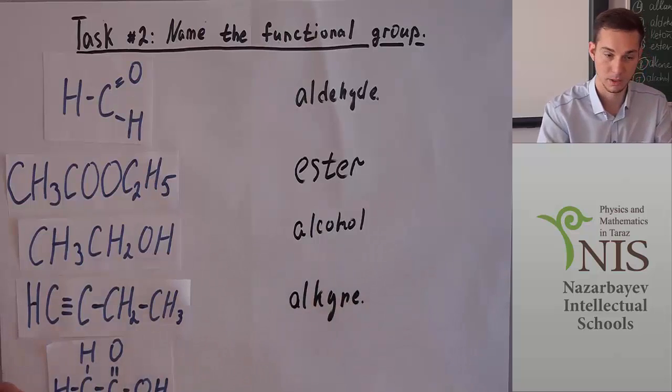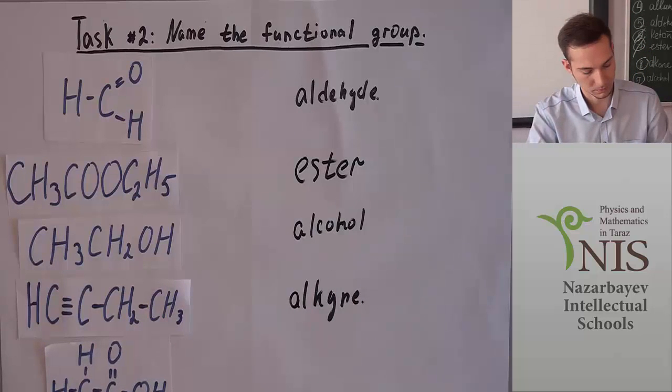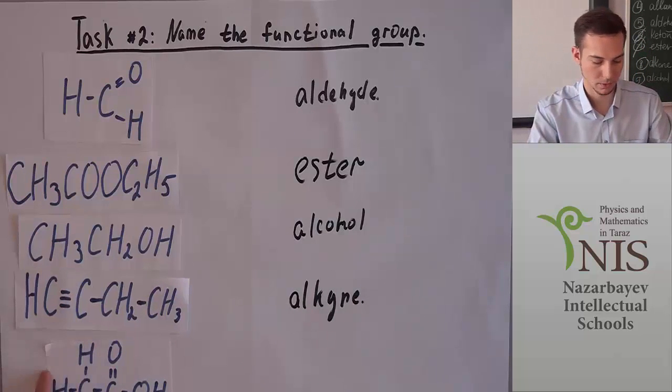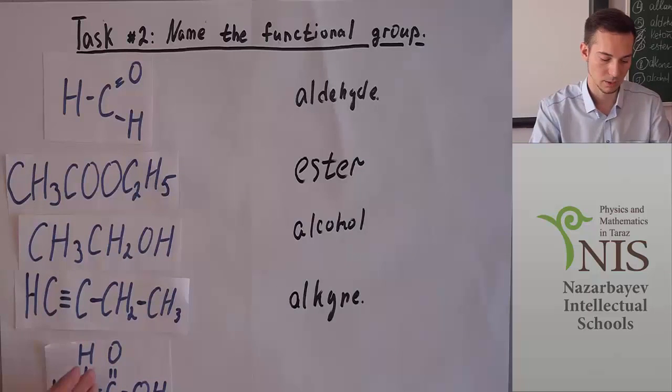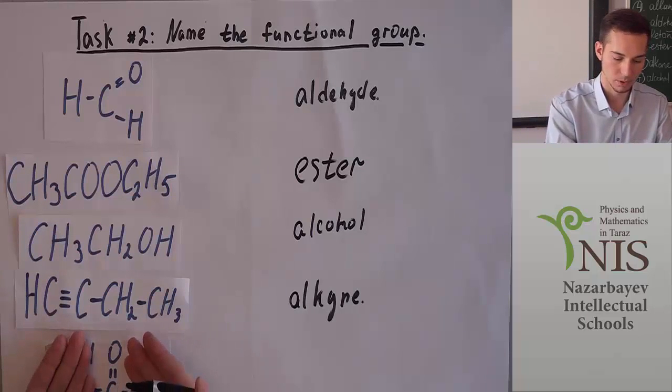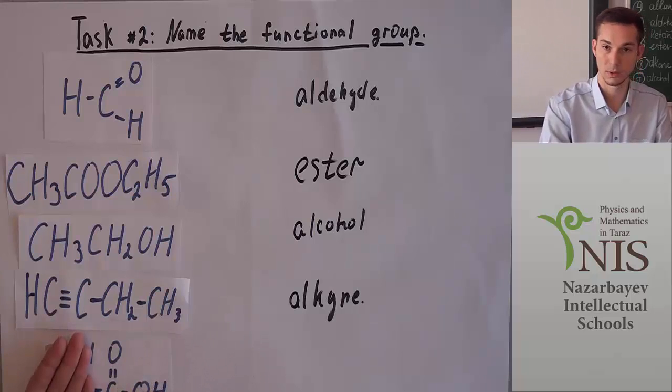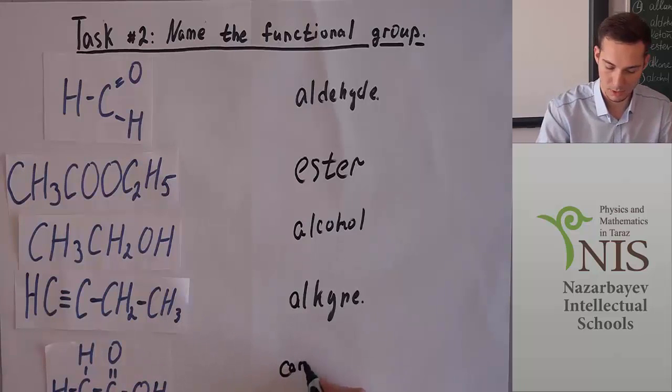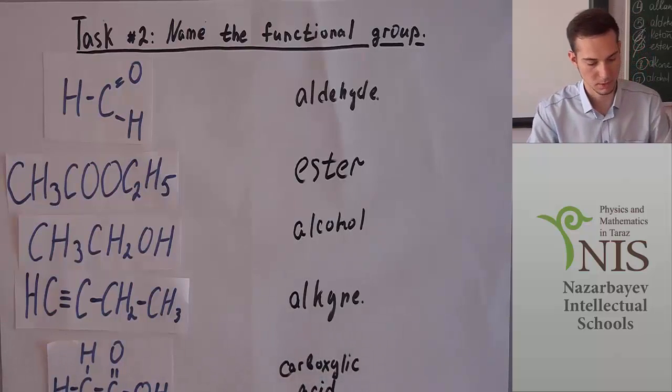Alkyne. Yeah, great. Next one. Here we have hydrocarbon radical and we have C double bonded oxygen and OH. This is a carboxylic acid. Great. Let's do next one.